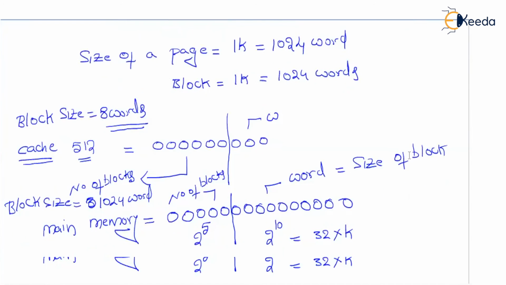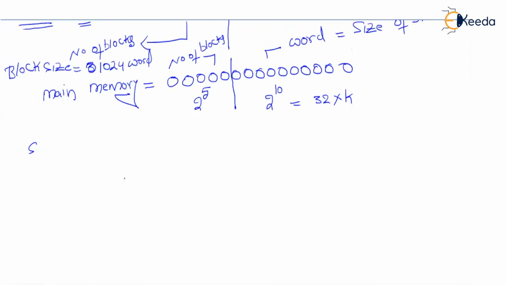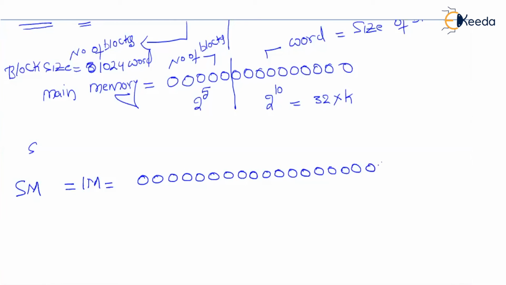Similarly, when it comes to the secondary memory, the address is of 20 digits: 1, 2, 3, up to 20.